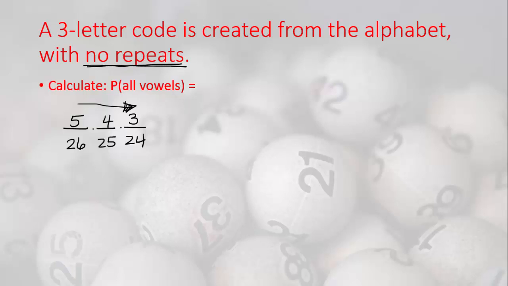So whatever letter got picked the first time is not available when you pick the next letter, and the first 2 chosen are not available when you choose the last letter. Even though we don't know what those letters are, we're talking about how many options to calculate the probability. So now let's multiply that out. Remember, cross-reducing would be great here. So I'm going to go ahead and do some of that.